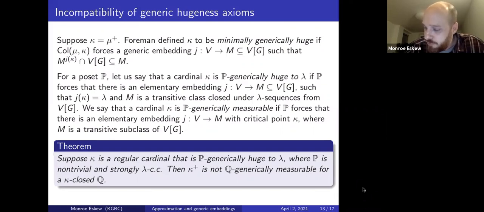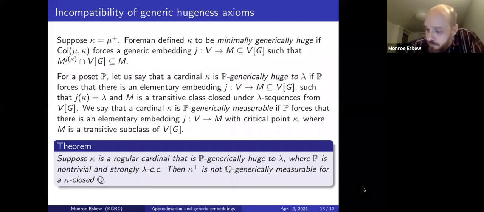So there are properties of successor cardinals, and so if you have successor of a regular cardinal mu, we say kappa is minimally generically huge if the simplest collapsing forcing that you can think of, Col(mu, kappa), forces a generic embedding with critical point kappa, I should say, into a transitive class contained in the forcing extension that's closed under j(kappa) sequences from the forcing extension.